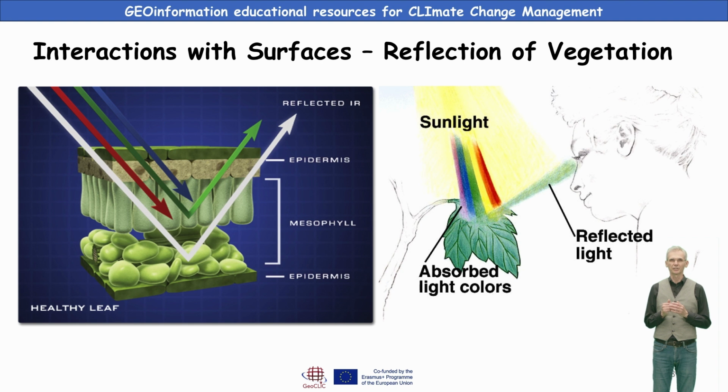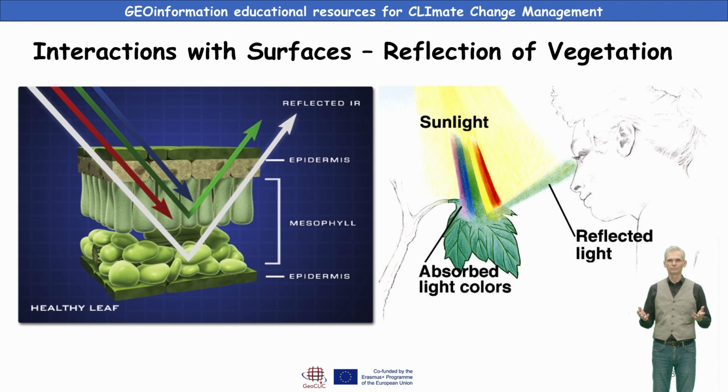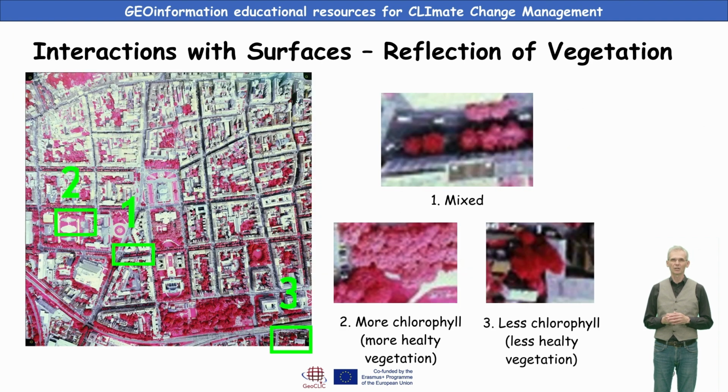Green, red and infrared channels are combined into a color image. The internal structure of healthy leaves acts as an excellent diffuse reflector of near-infrared wavelengths. In fact, measuring and monitoring the near-infrared reflectance is one way that scientists can determine how healthy or unhealthy vegetation may be.